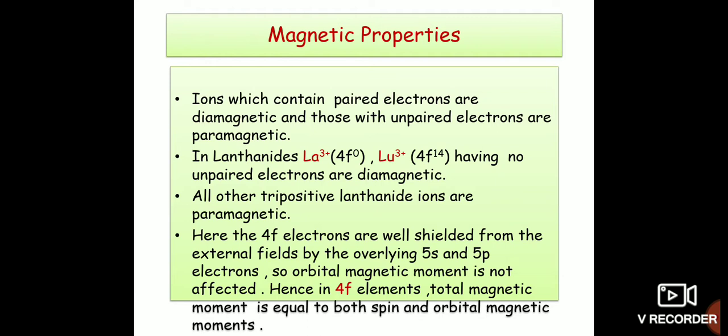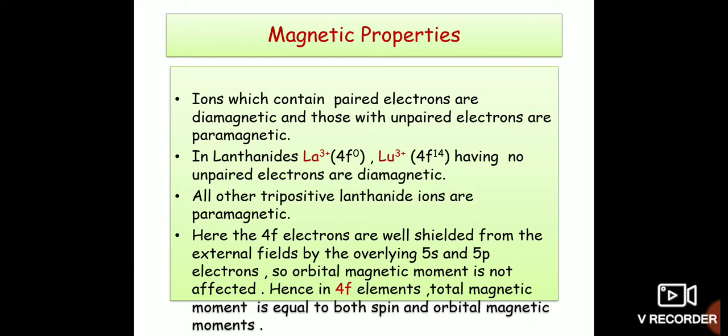All other tripositive lanthanide ions are paramagnetic, except lanthanum and lutetium. The reason is that the 4f electrons are well shielded from external fields by the overlying 5s and 5p electrons.